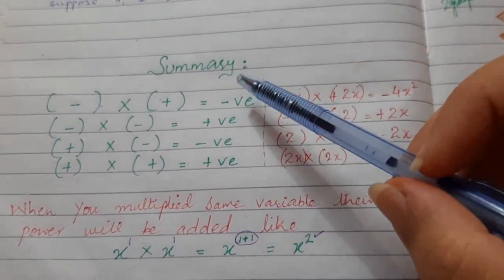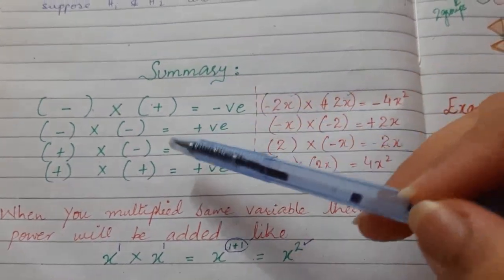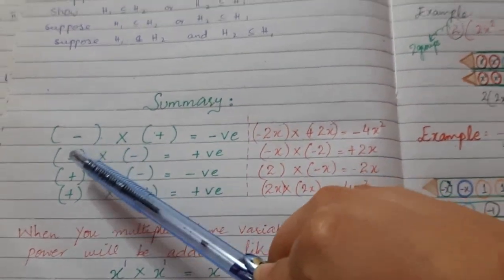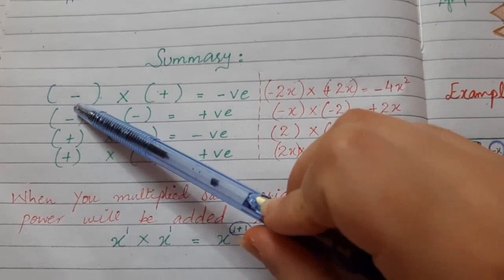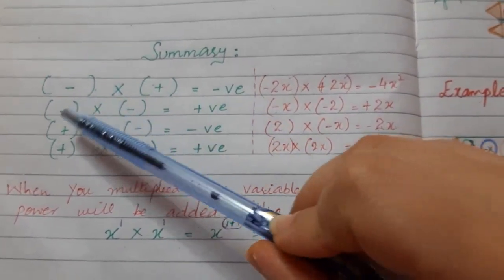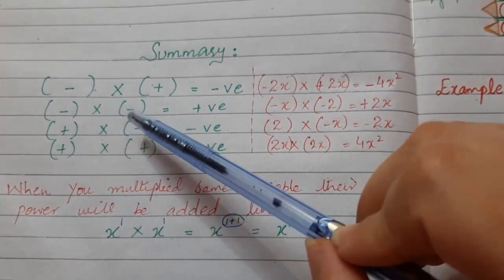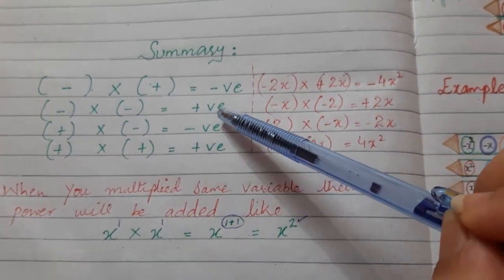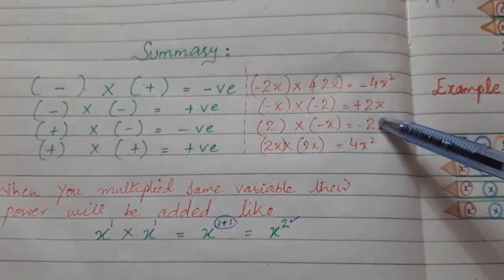Here I have given you a small summary of the examples we did earlier. If you multiply a positive term with a negative one, you will get a negative sign, and if you multiply two negative terms, your sign will change into positive, like this.